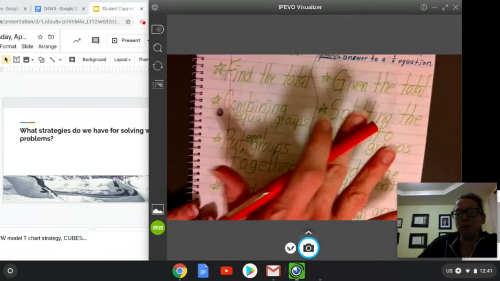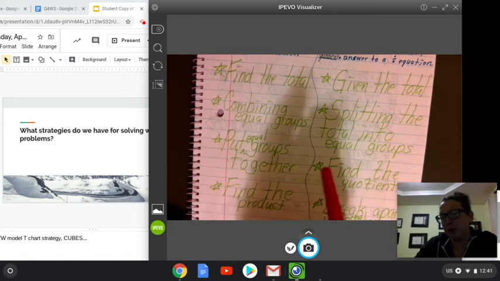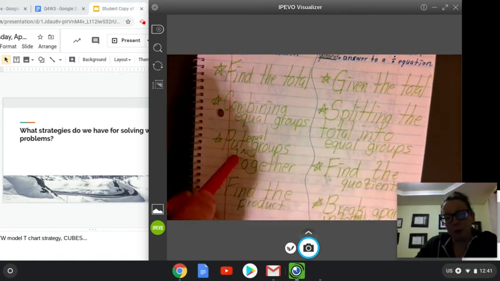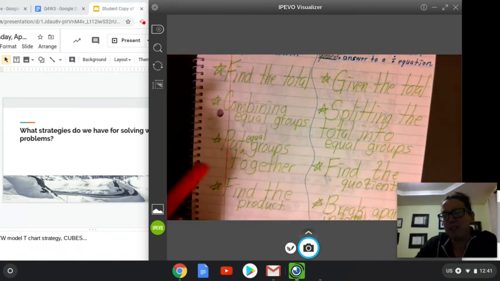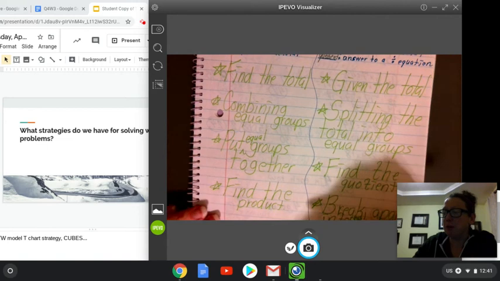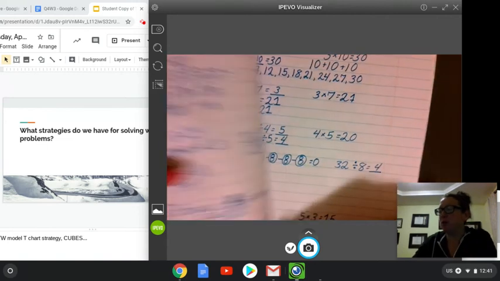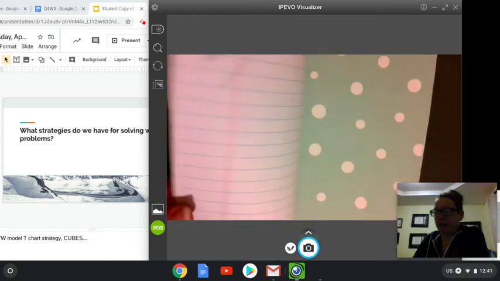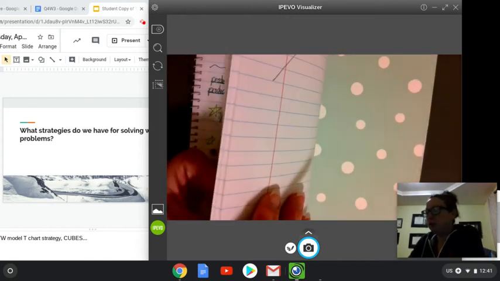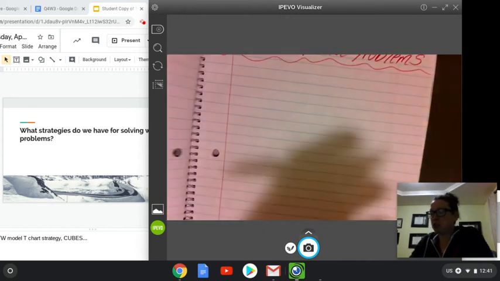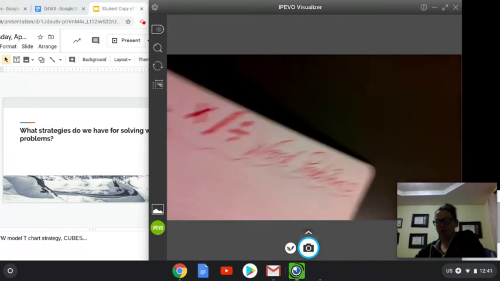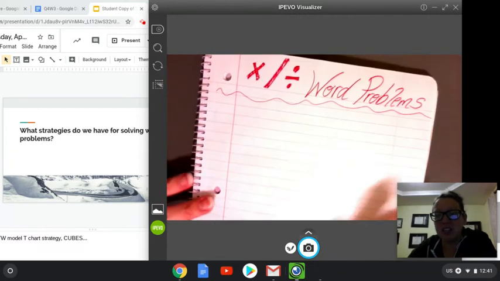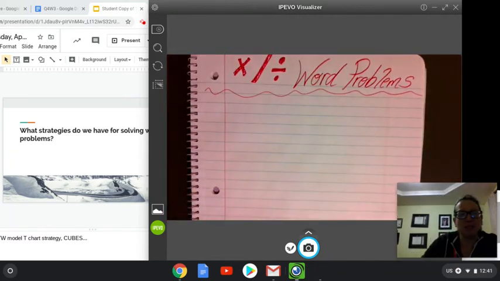So you should have these notes from yesterday. And remember, if you didn't, you can always go back and pause the videos so that you can make sure you get those notes. So today we're going to work on using our strategies to solve multiplication and division word problems.